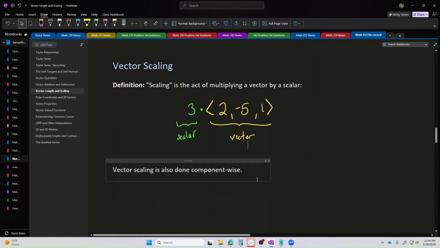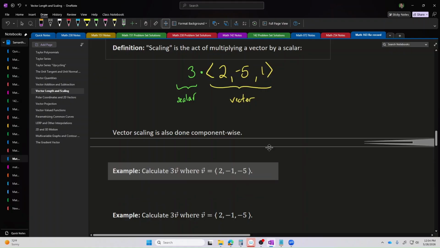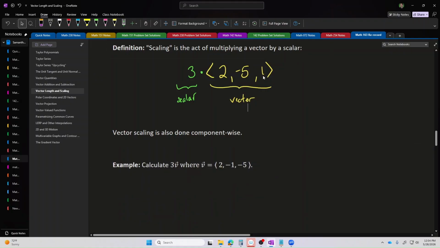Now, vector scaling, just like addition and subtraction, is done component-wise, which means that if you want to multiply a vector by 3, for example, then you just have to multiply the x component by 3, the y component by 3, and the z component by 3.